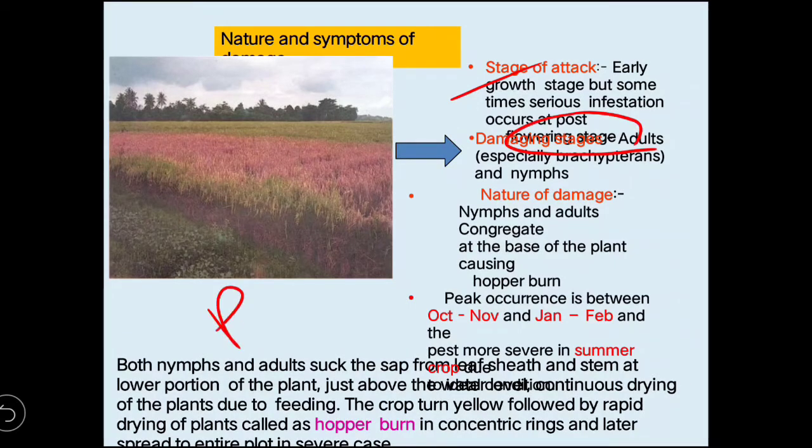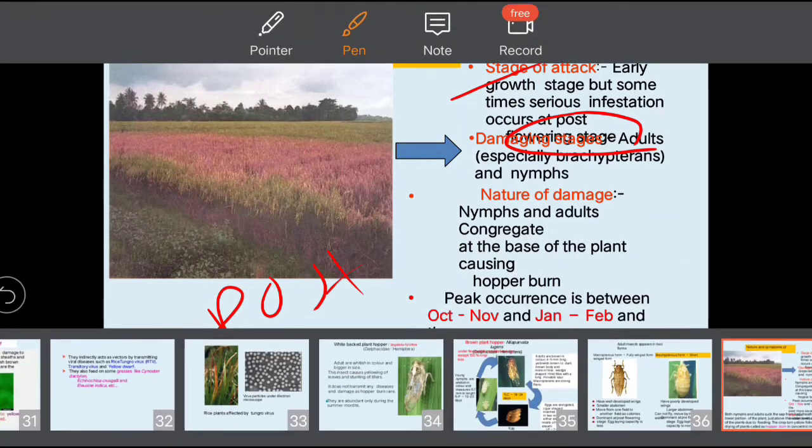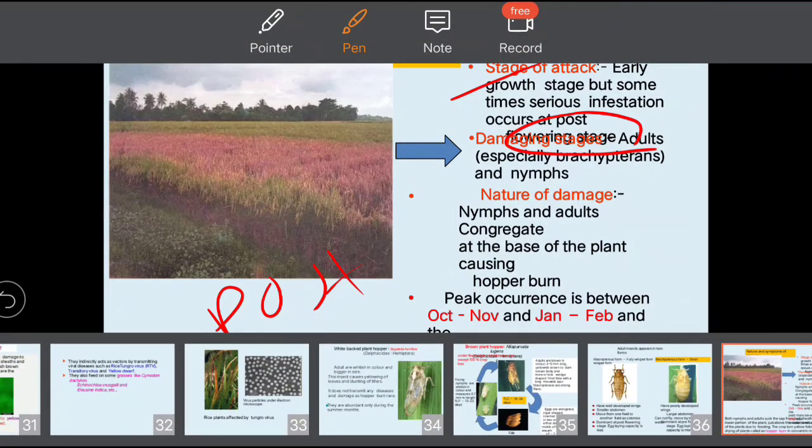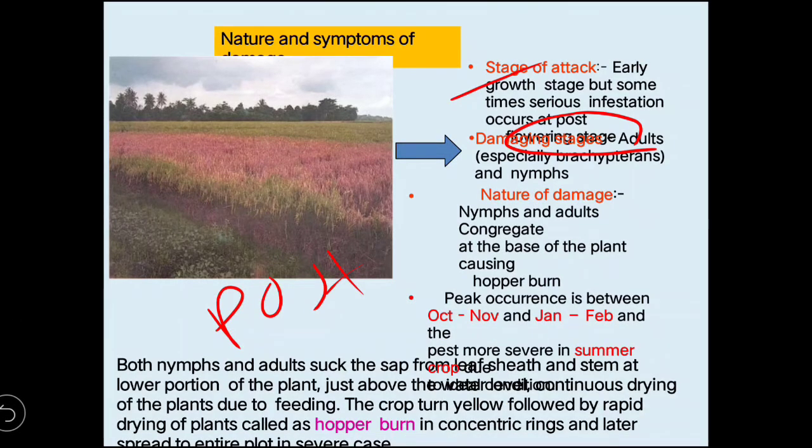You can see in this picture the field, here it has burnt, but in this area it is not burnt, here also it is not burnt. That means they didn't get the microclimatic condition in this area. So wherever they got it, they just suck the sap and the plant becomes like it was burnt by someone. So it is known as hopper burn.